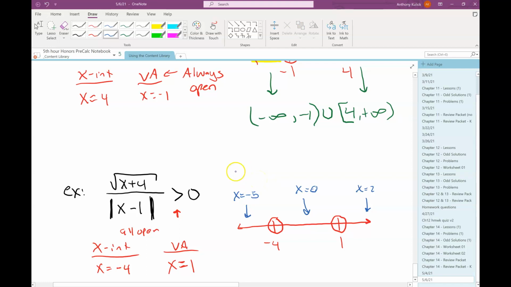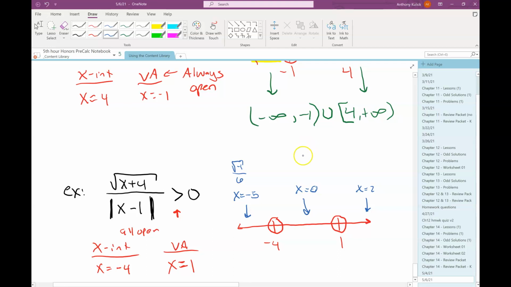If I put -5 in here, I'm going to have the square root of -1 over 6. That's non-real, so it doesn't matter what that is. That's neither greater than 0 or less than 0. I'm not including that section no matter what.